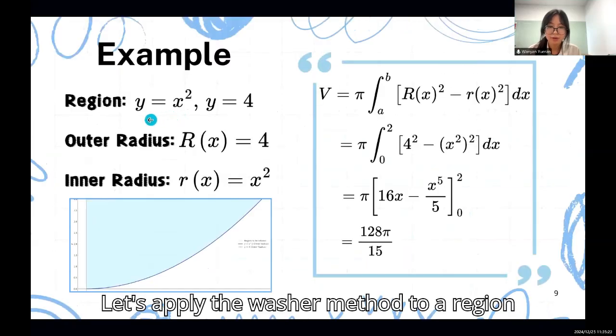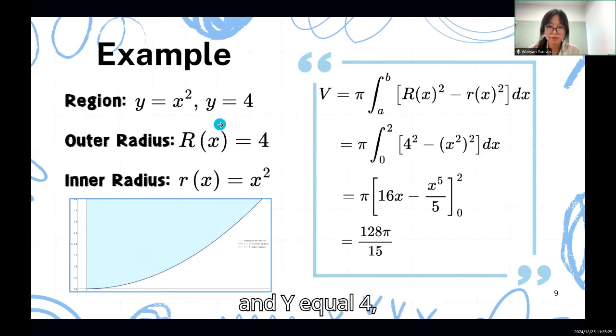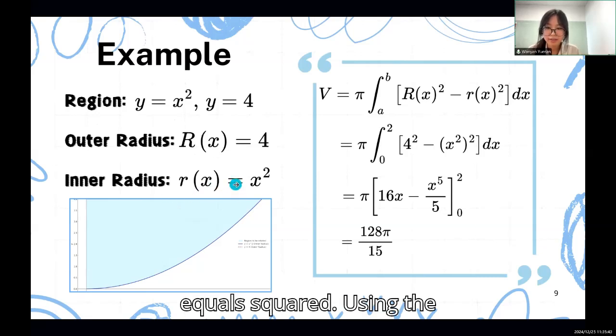Let's apply the washer method to a region bounded by y equals x squared and y equals 4, rotated about the x-axis. The outer radius is R(x) equals 4, and the inner radius is r(x) equals x squared.